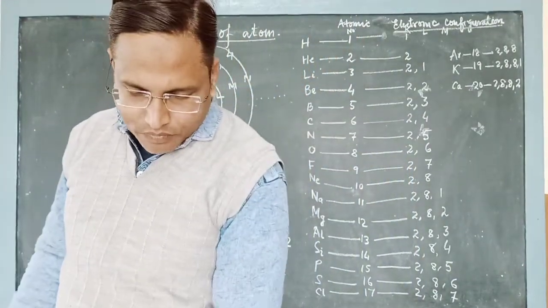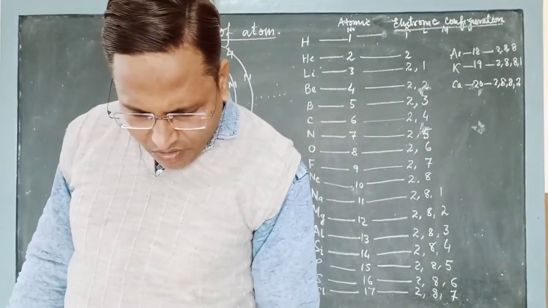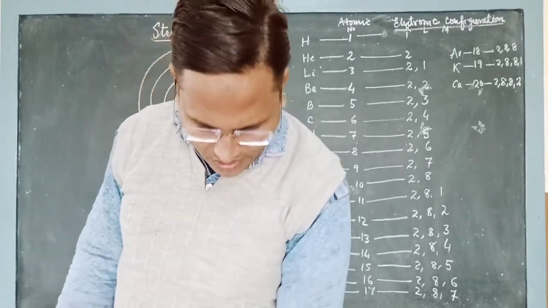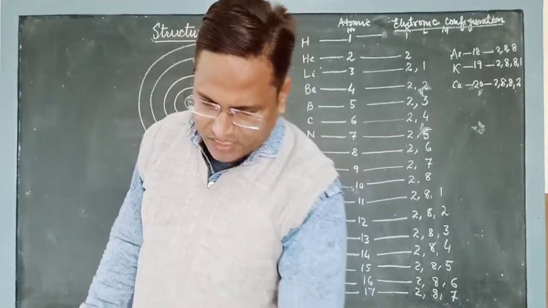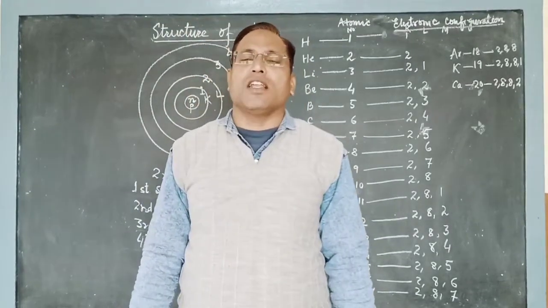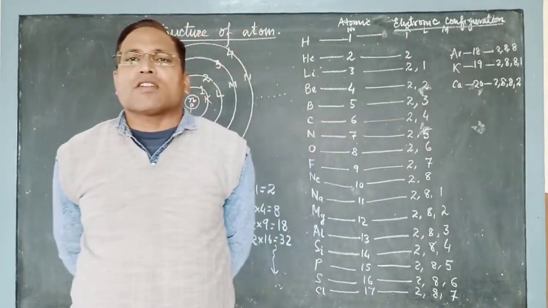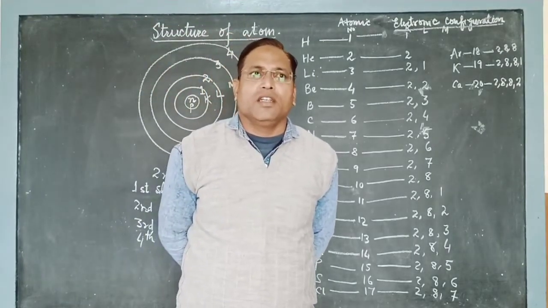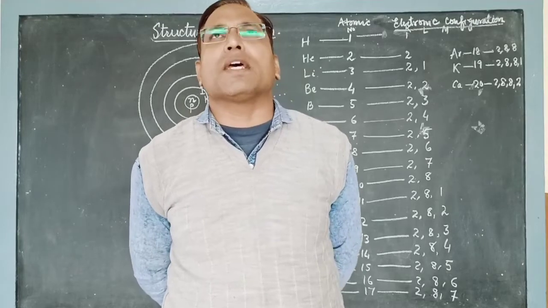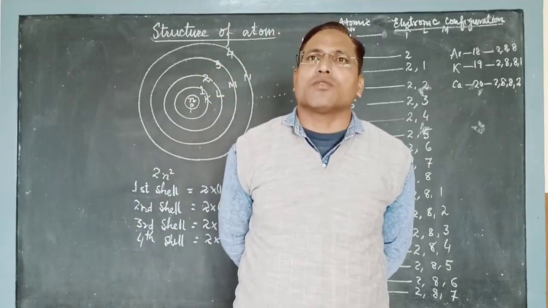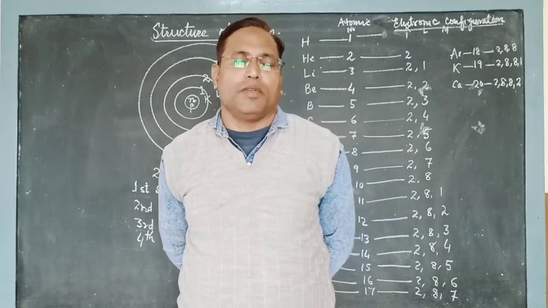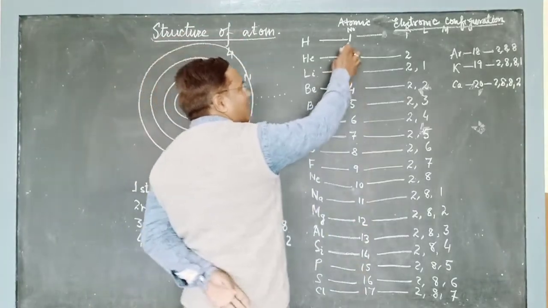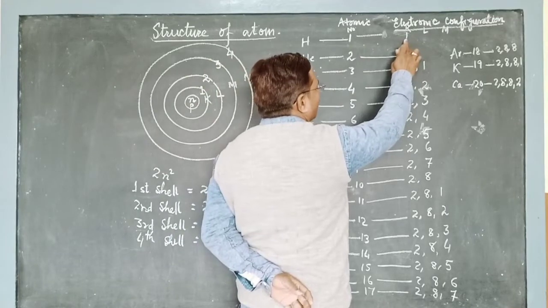learn them. Next is valency and valence electron. What is valency, or what are valence electrons? Valence electrons are the number of electrons present in the last orbit. For example, in hydrogen only one shell is there, that is the last shell, so 1 electron.